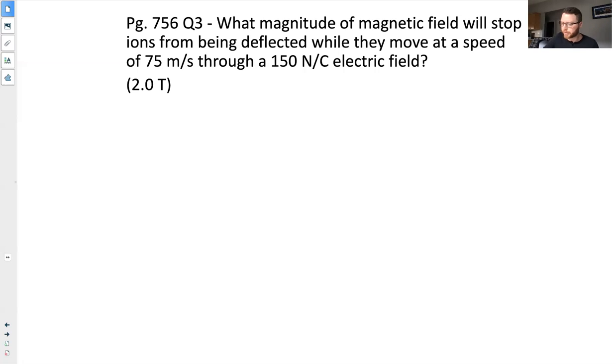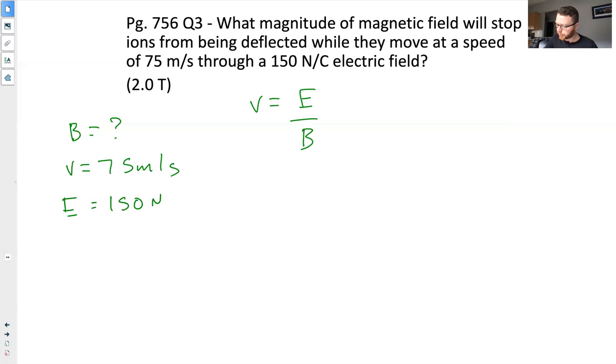Okay, so we are looking for the magnetic field. What magnitude will stop them from being deflected? So we want to use the second experiment from Thomson. That is our V is equal to E over B formula. We know the speed is 75 meters per second and the electric field is 150 newtons per coulomb.